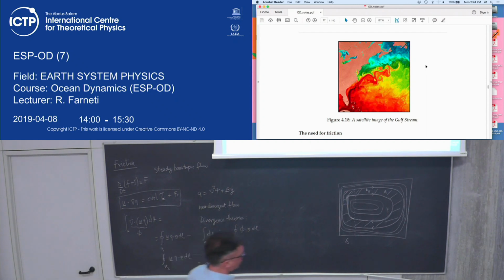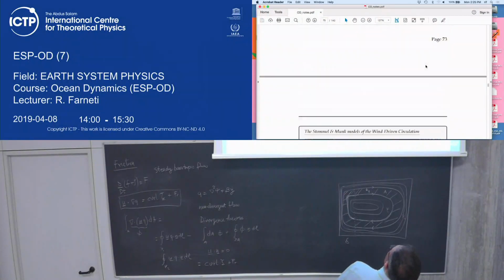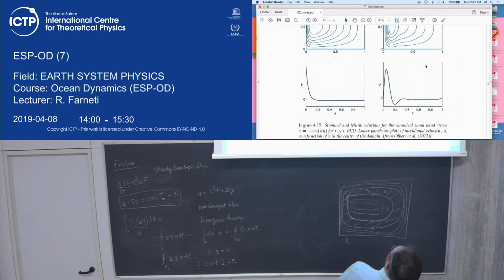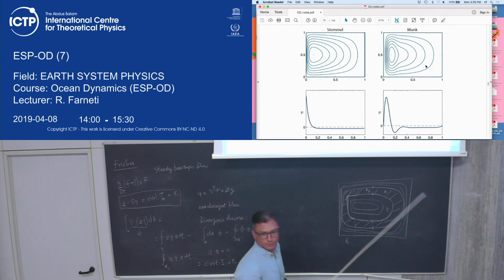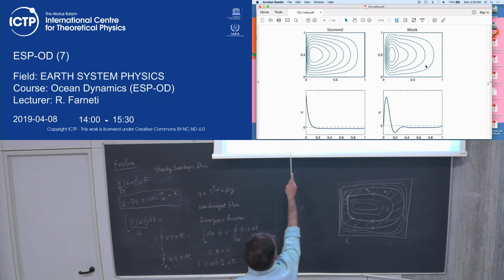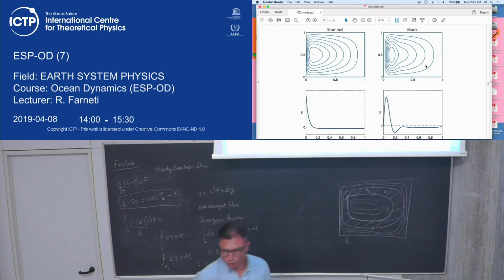So if you look at this solution, okay, you know where the frictional boundary layer finishes. Frictional boundary layer finishes here, and the frictional boundary layer here in the Munk model finishes here. So that every streamline goes through the area where frictional effects are important.